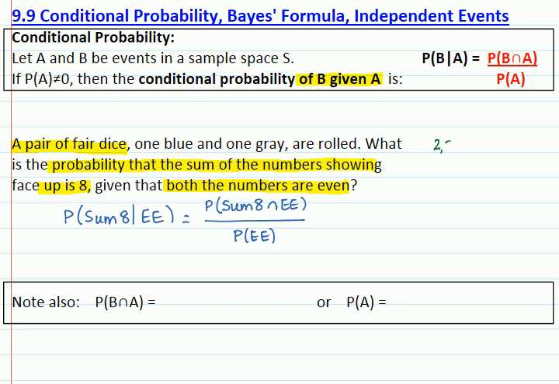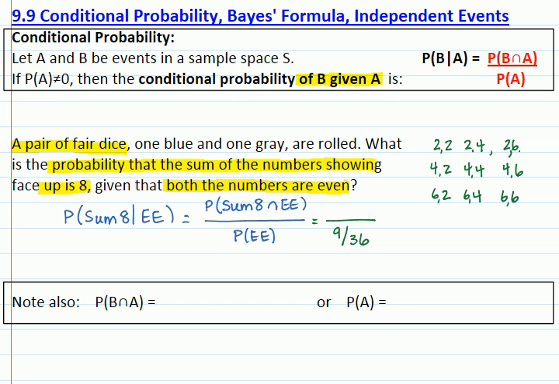but the outcomes of 2 evens are 2 and 2, 2 and 4, 2 and 6, 4 and 2, 4 and 4, 4 and 6, 6 and 2, 6 and 4, 6 and 6. Therefore, the probability of 2 evens is 9 out of the 36 of the sample space of rolling 2 dice.